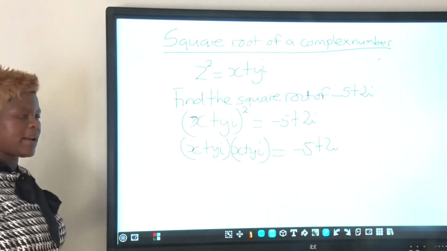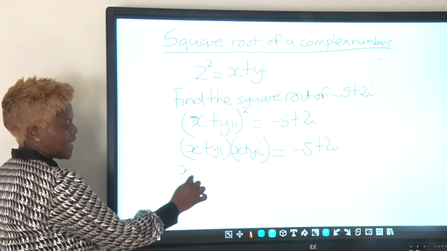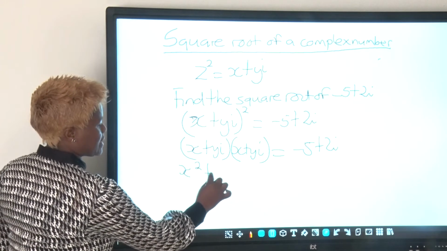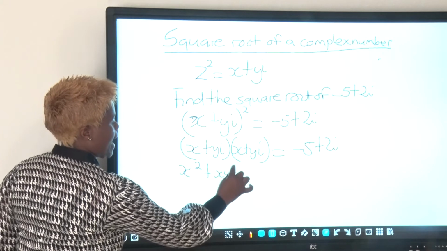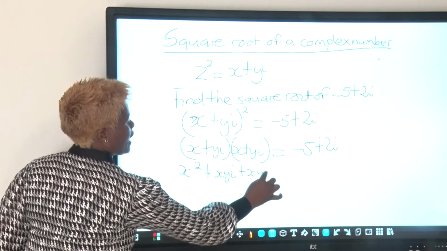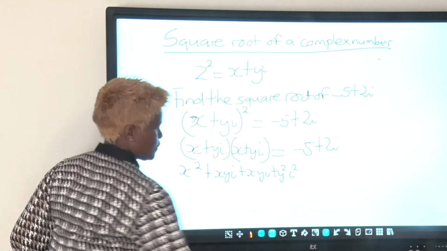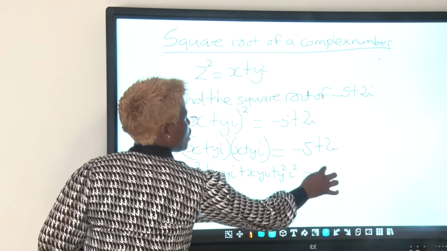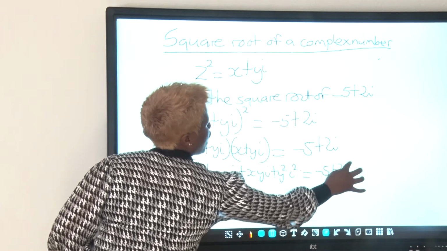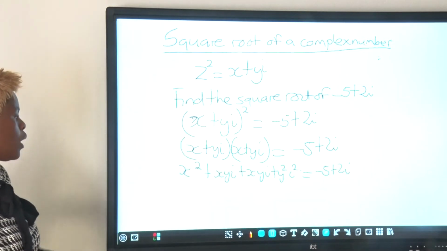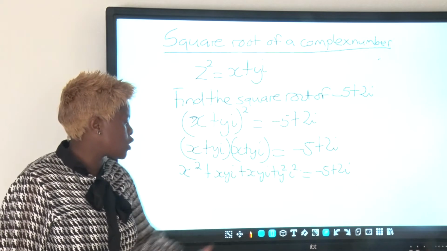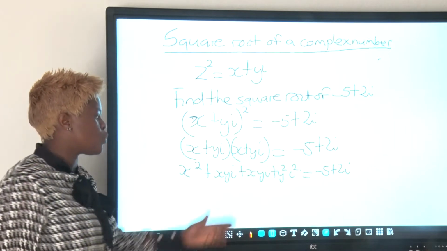When we expand the brackets, what do we get? We get x squared plus xyi plus xyi plus y squared i squared, which is equal to minus 5 plus 12i. It is also believed that i squared is equal to minus 1.